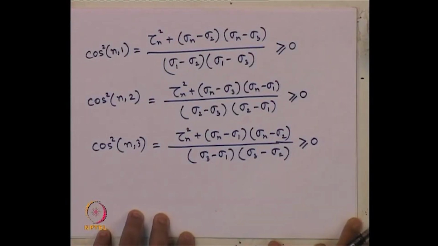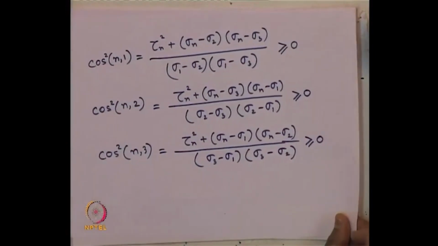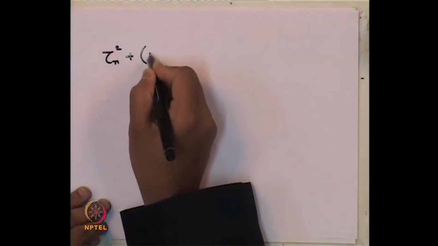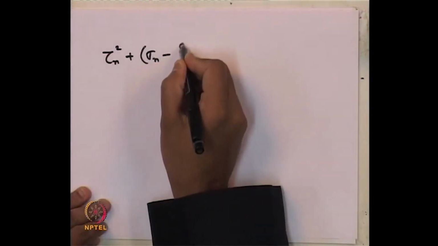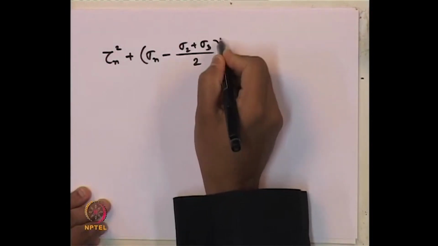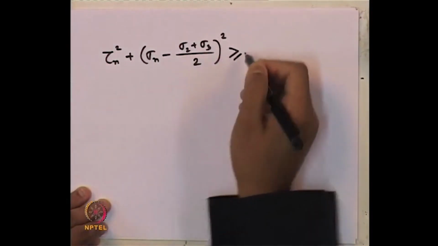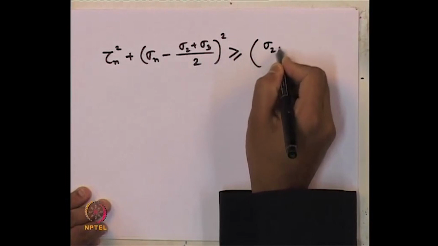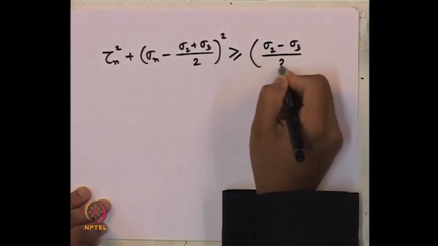What does it mean? If we simplify these expressions further, it can be written in this form: tau n square plus sigma n minus sigma 2 plus sigma 3 by 2 whole square should be greater than or equal to sigma 2 minus sigma 3 by 2 whole square.